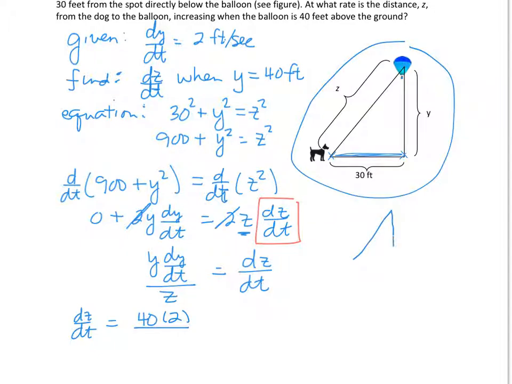At the instant that y is 40, and I want to find z, so I'm going to use the Pythagorean theorem. 30 squared plus 40 squared is z squared.